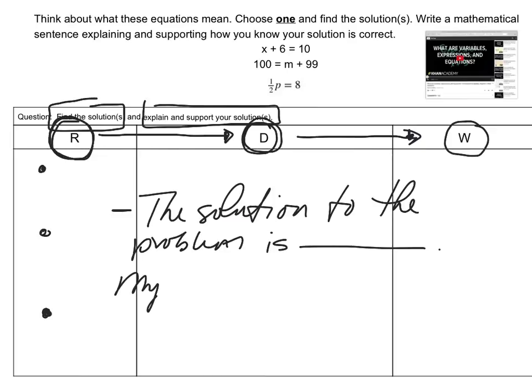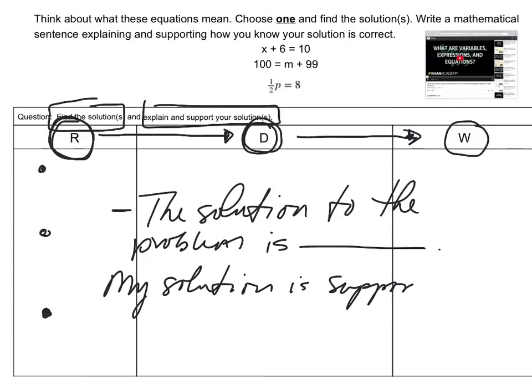You can say, my answer is correct, which is probably the lowest level, or you can say, my solution is supported, and then fill in the rest. Supported by.